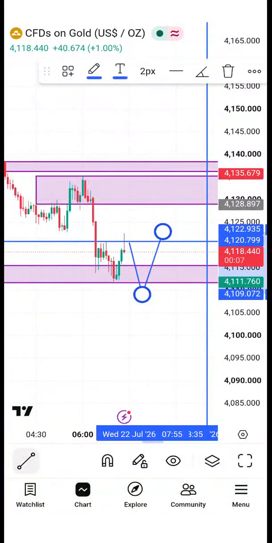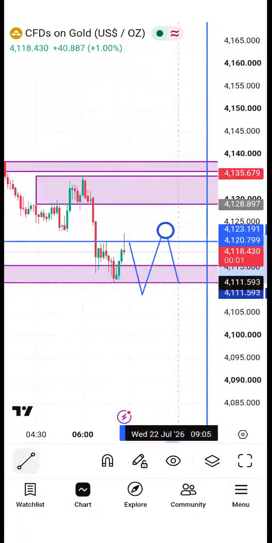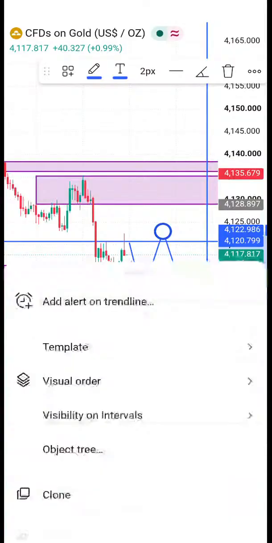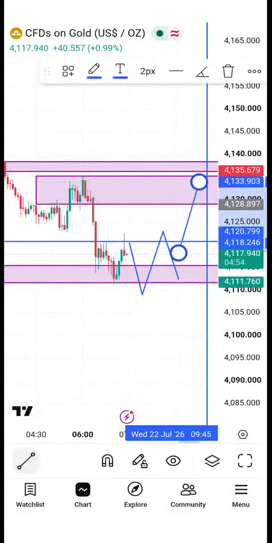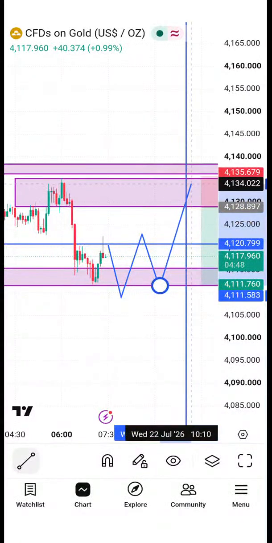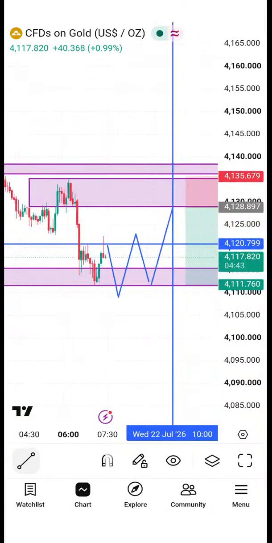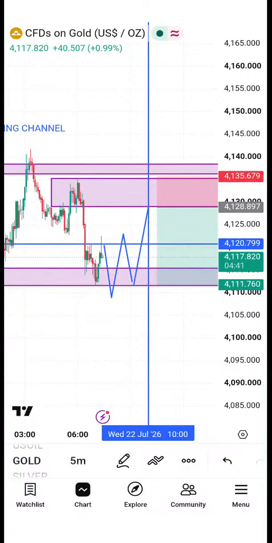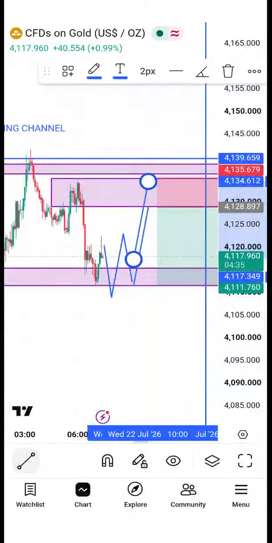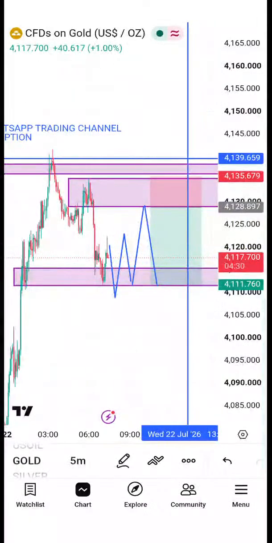From the high, it will go back and, see, this is what can happen, come here. Then from there, it can go to the downside.